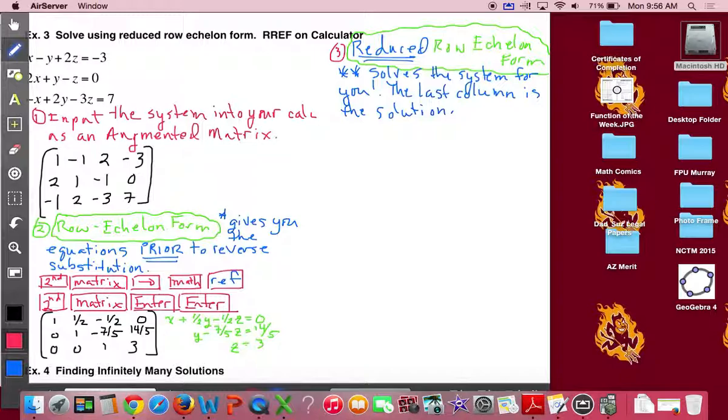So we're going to do second matrix. You're going to scroll to the right to get to the math menu.